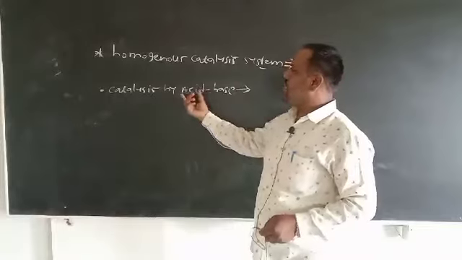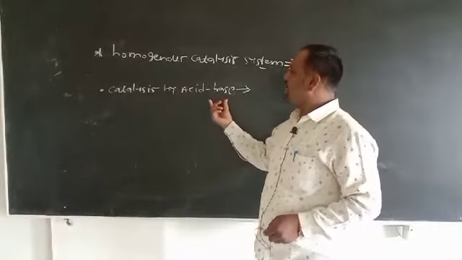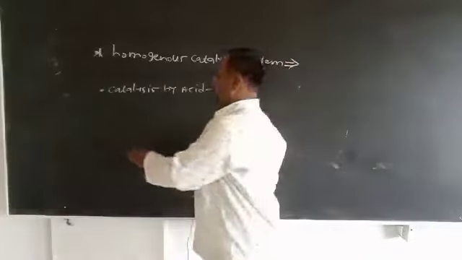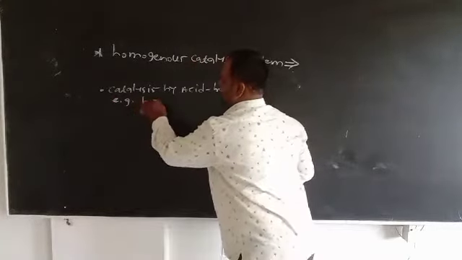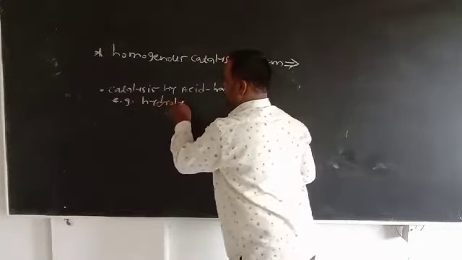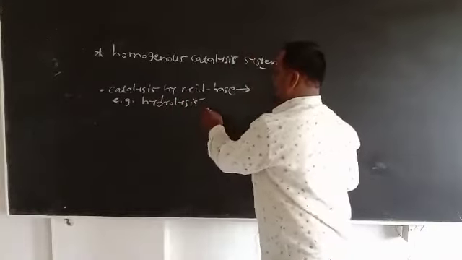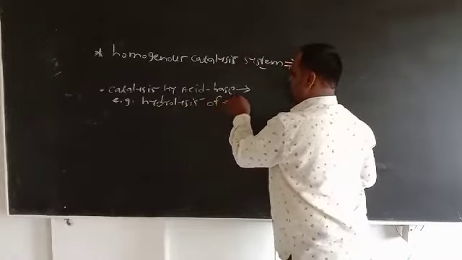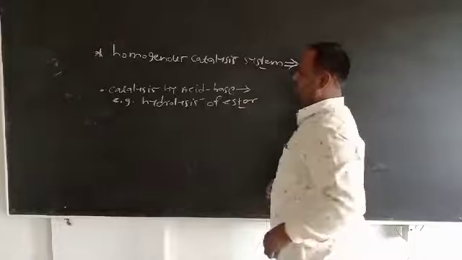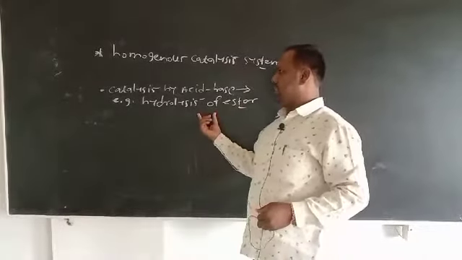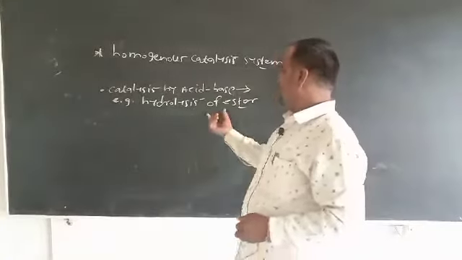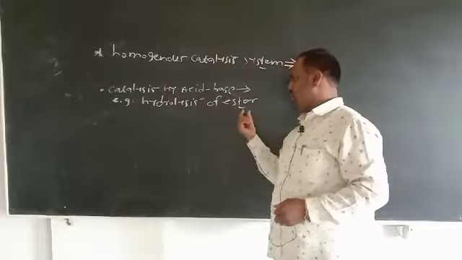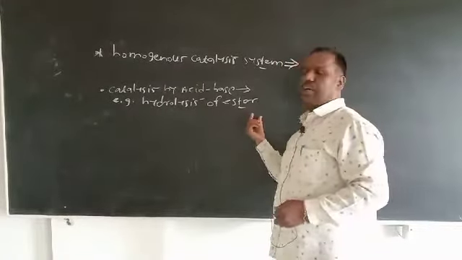So we can write here, the example is hydrolysis of ester. Simply you have to use acid or base to catalyze this reaction, hydrolysis of ester. So ester is converted into acid and alcohol.